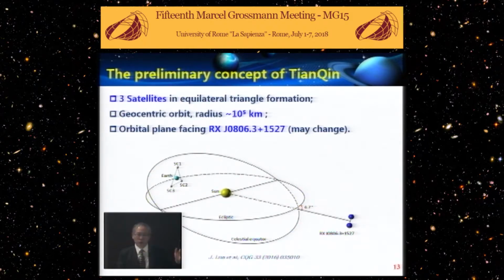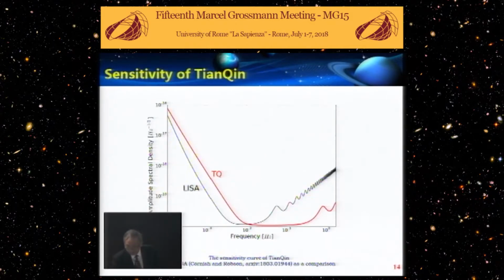So we continue to do something about that. We hope to find the possible orbit for us to realize this idea. Because the distance between the two satellites is not so short compared with the arm length of LISA, the frequency band is a little bit shifted from the left to the right.